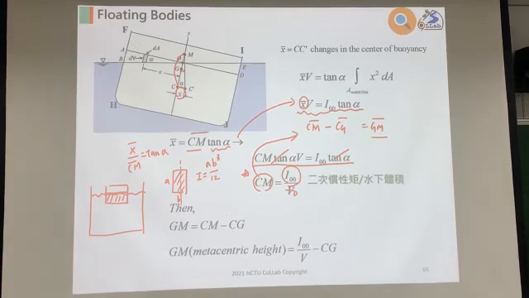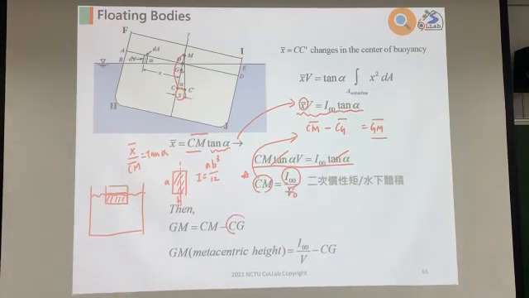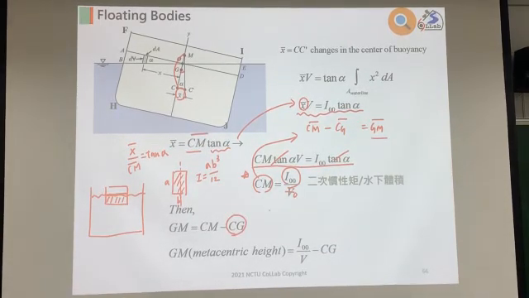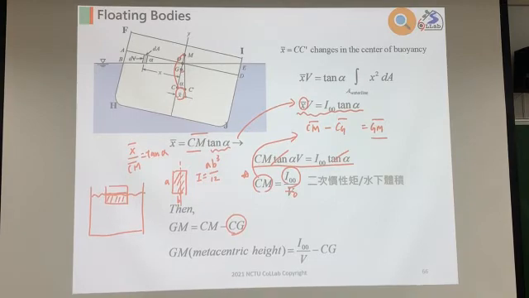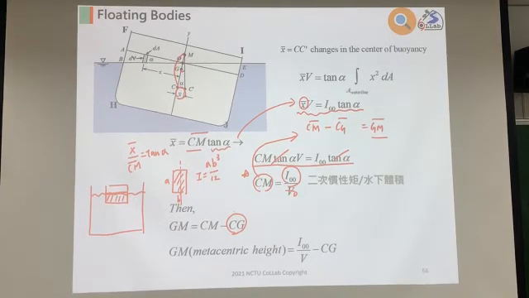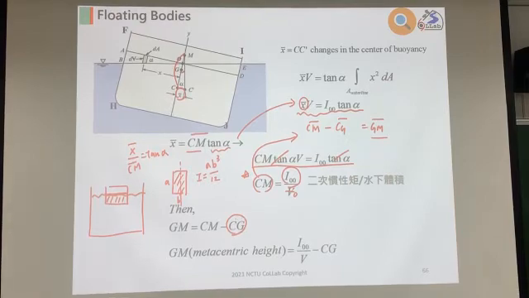And finally, how can we compute the CG? The CG is very easy, because usually we assume our particle is symmetric. So the center of any symmetric particle is very easy to find. So we can easily find C and G. So we don't care about the CG distance.